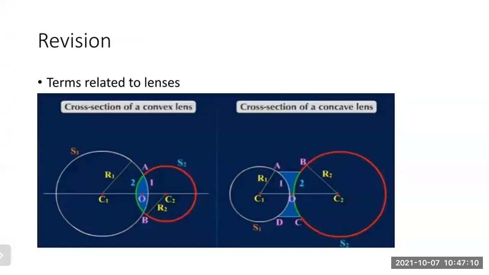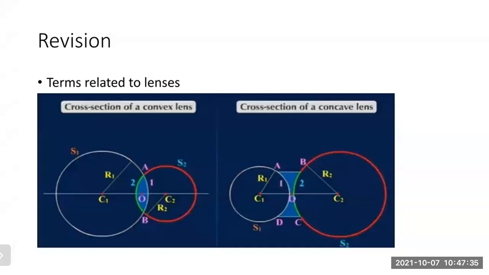And we have also studied the cross-section of convex and concave lens and the terms related to those lenses. Here in this diagram, you can see the various terms related to the lenses that are highlighted, like the center of curvature for both the lenses.